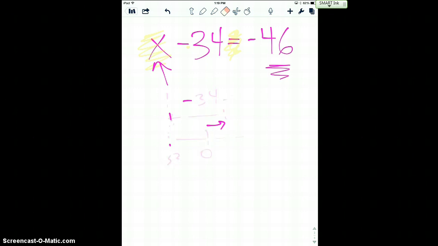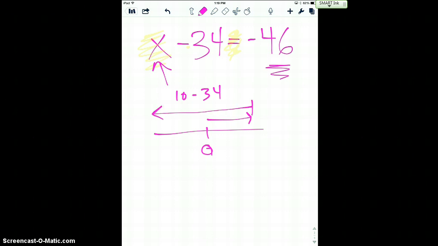So what if I pick a greater number like 10? 10 minus 34. So this is me just guessing, trying to see how close I can get. So from 0 I go to 10, and I subtract 34. Is that going to get me closer to negative 46 than 1 minus 34 did? There was 1 minus 34. This was at negative 33.